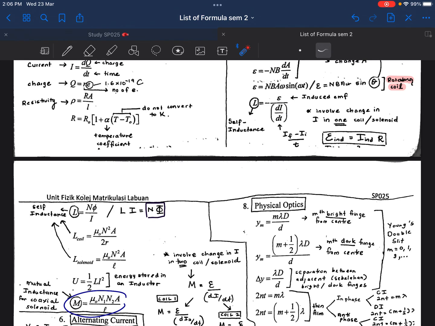But for mutual inductance, we have two coils, jadi current tu akan denote sebagai 1 ataupun 2. They have L I = N phi, but we can change it as M I = N phi. So ada guidance kat sini untuk tahu formula for mutual inductance.